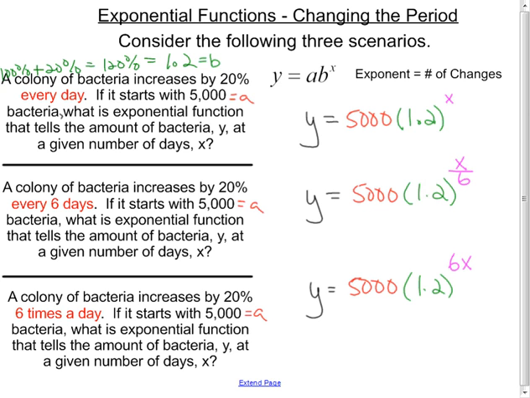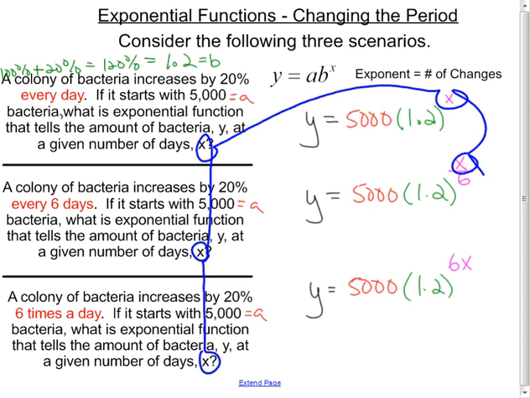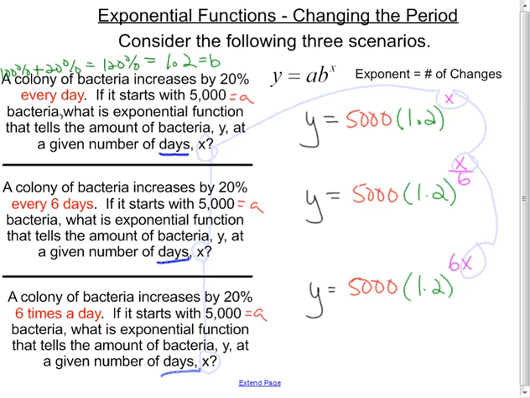Again, all three of these have something in common, and that's that the exponent is equal to the number of changes, still respecting the fact that x in all three problems is equal to the number of days. So all the input is the number of days.